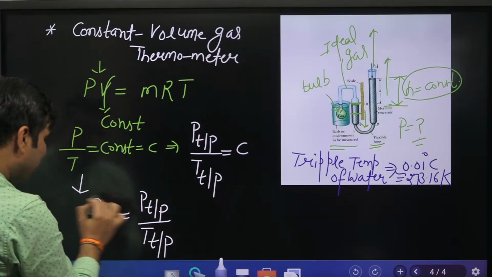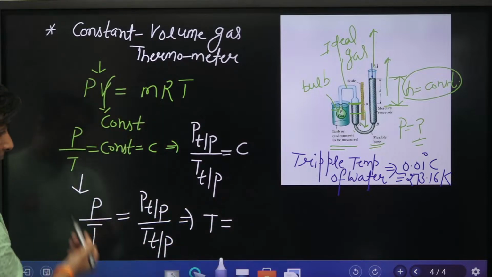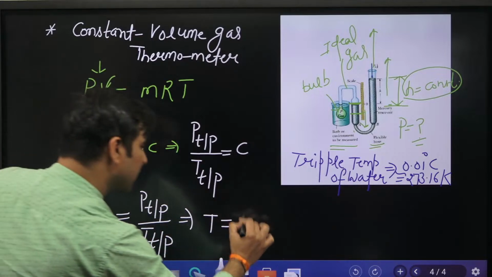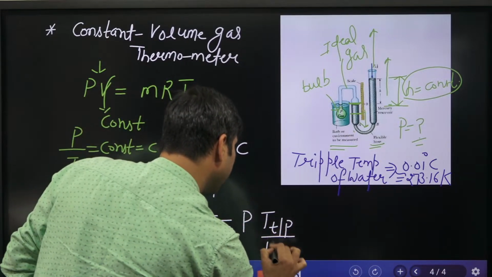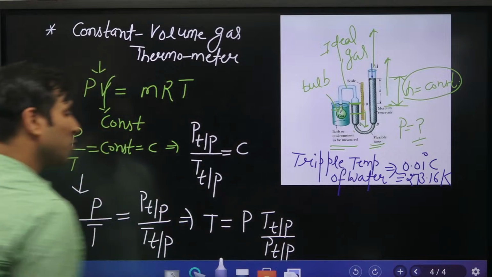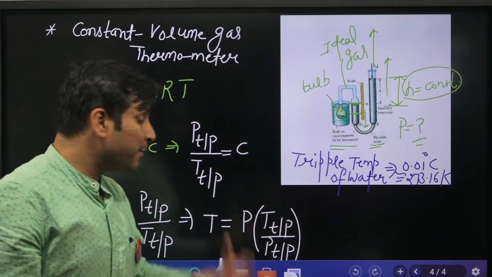So you can measure the temperature very easily by measuring the pressure. Temperature you can define like this: P into T_TP by P_TP. This quantity is fixed: the pressure at triple point and the temperature at triple point.